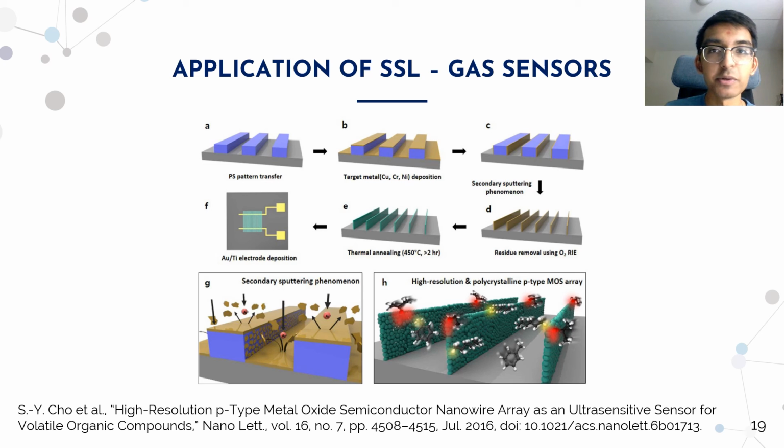Through applying the typical steps of SSL as we've covered before: polystyrene pattern transfer, sputtering target material, going through secondary sputtering to deposit onto the sidewall, and then removing the pre-pattern to expose your nanostructure. Through doing that, they fabricated a patterned P-type polycrystalline metal oxide semiconductor array with an ultra-thin, high aspect ratio.